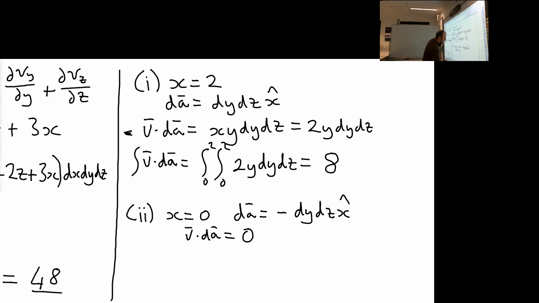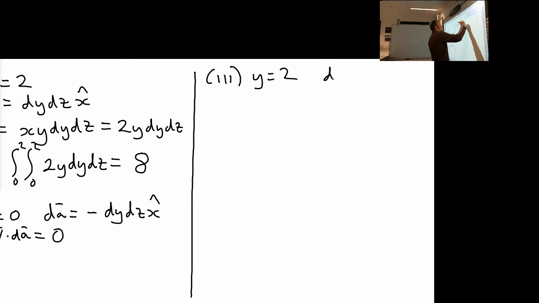So let's move on to the third side. The third side is where y is equal to 2. Our infinitesimal area element is going to be equal to dx dz y hat.